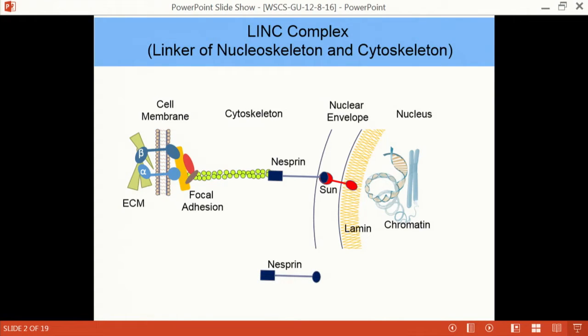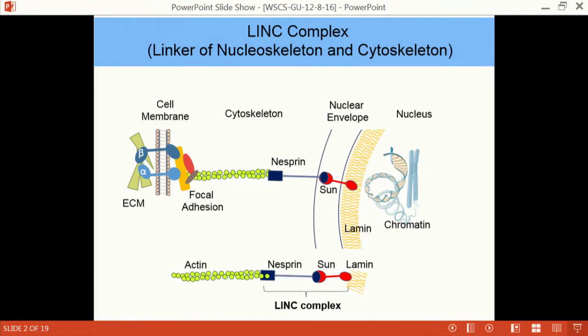This is a giant protein that protrudes out of the nuclear surface. And nesprin is anchored into the nuclear surface through a protein called SUN. And in this way, this protein complex couples the nucleus to the extracellular matrix, hence the name, the LINC complex. Again, nesprin binds to the actin cytoskeleton, and then SUN binds to the intranuclear lamin A/C network, basically coupling the nucleus to the outside world.